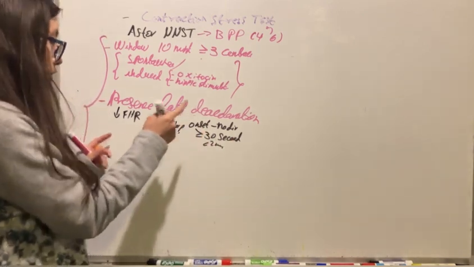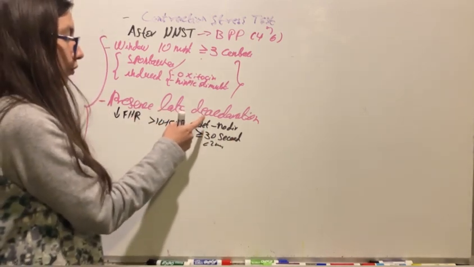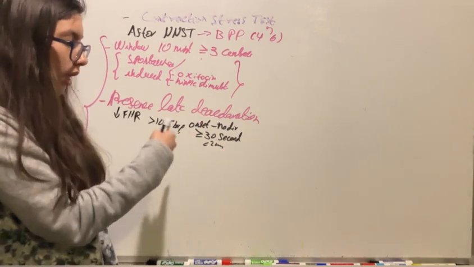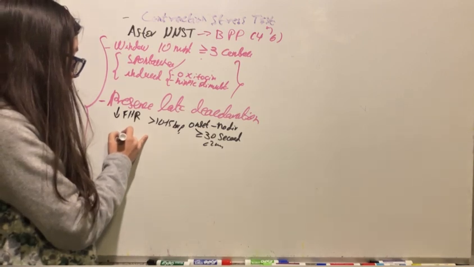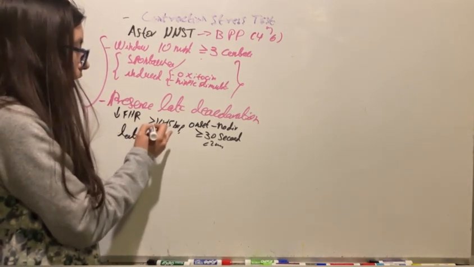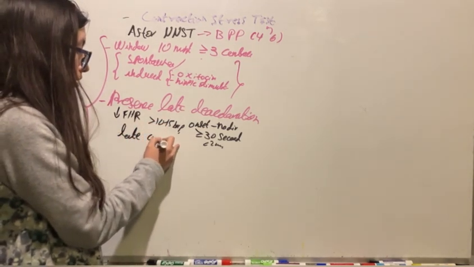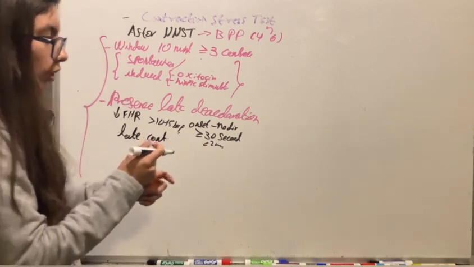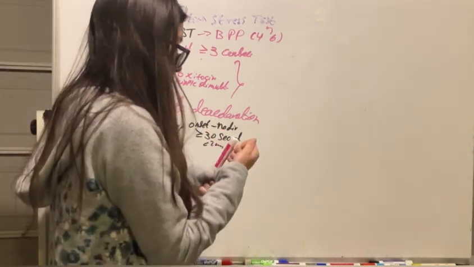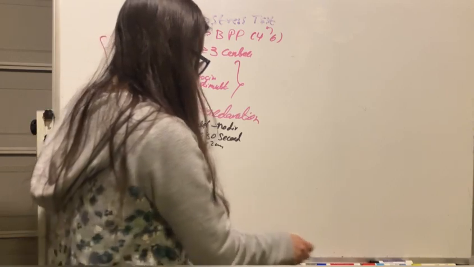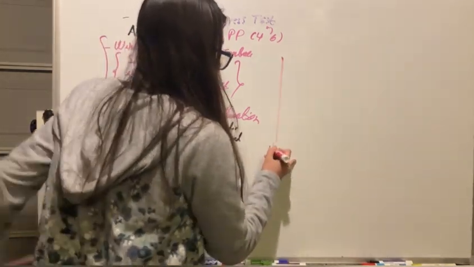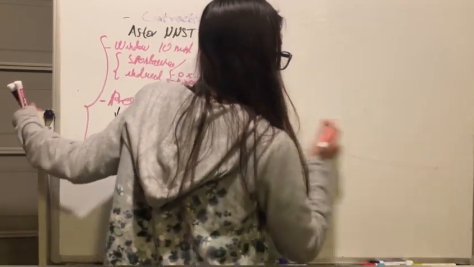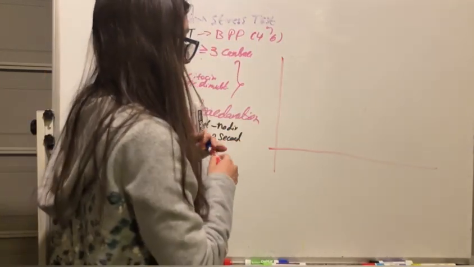And the most important thing that characterizes a late deceleration is that it is late relative to the contraction. We saw this in a previous video, but here we have the register for the contraction.